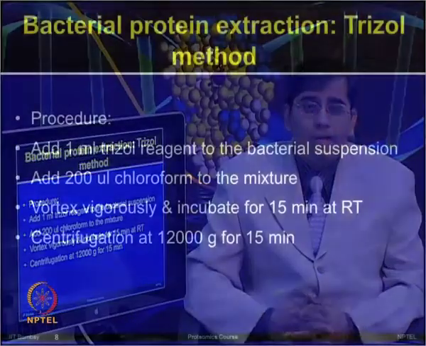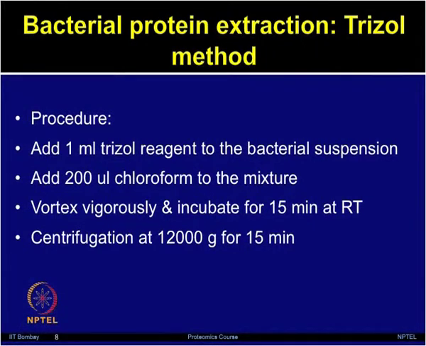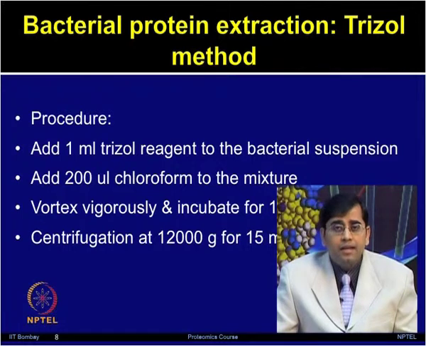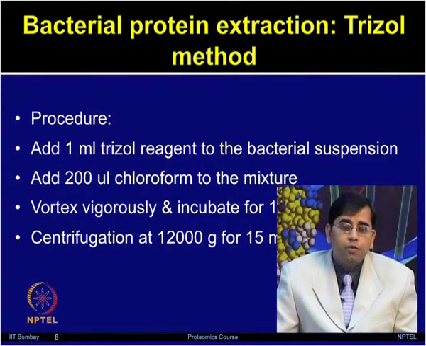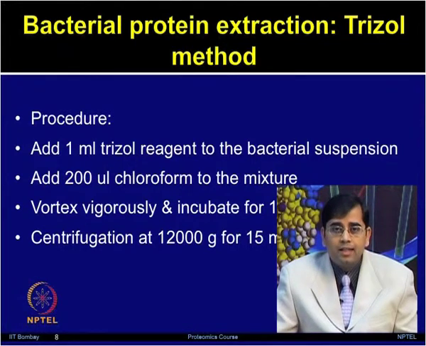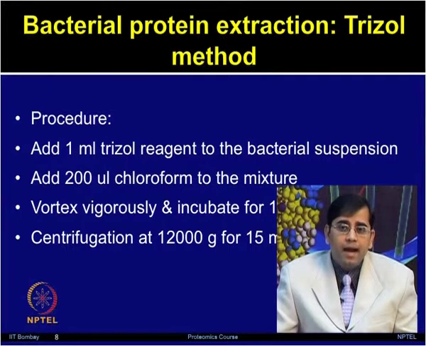You can start with 1 ml of Trizol reagent and add that to the bacterial suspension, then add 200 microliters of chloroform immediately to the same mixture. Vortex this mixture vigorously for 15 to 30 seconds and incubate it at room temperature for 15 minutes.